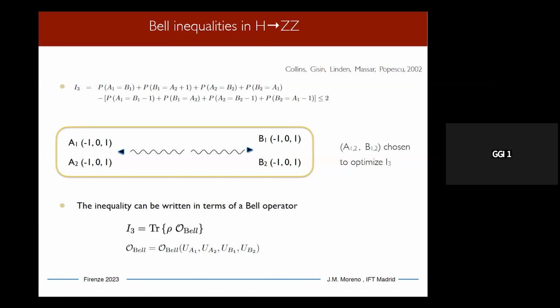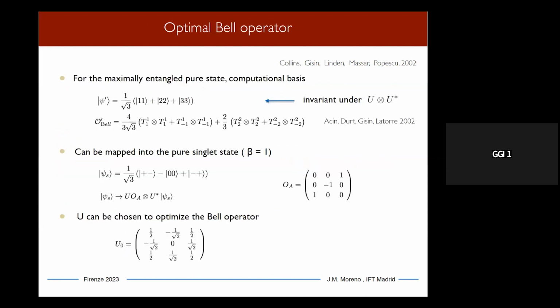So this inequality could be, of course, written in terms of a Bell operator that depends on this unitary matrix, because since we are fixing the outcomes, the operator is given just by the rotation matrices that diagonalize that operator.